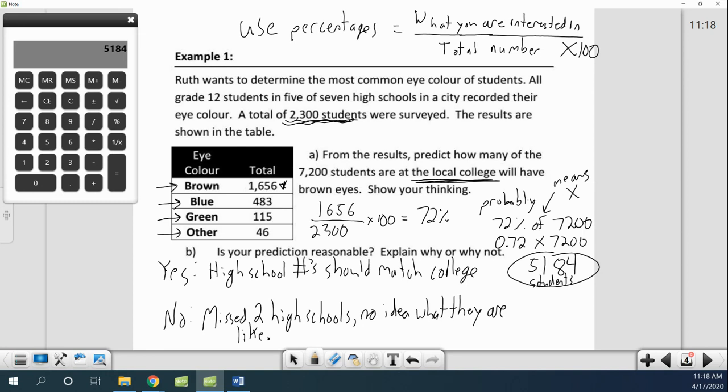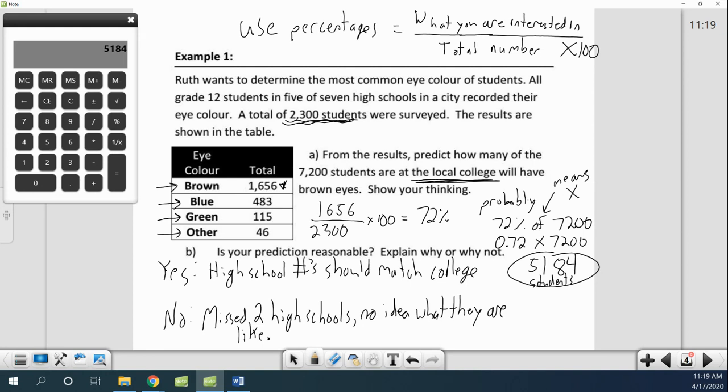Another thing to consider is, we talked about this before, but a lot of times in areas of town, people tend to congregate with people like them, right? So if you were to look at the population of eye colors in Niverville, it would be very different than if you looked at the population of eye colors in Chinatown in downtown Winnipeg. If you have a high school in Chinatown, you're going to have a lot more people of Asian descent, which means likely a lot more brown eyes. It's more common in that group.